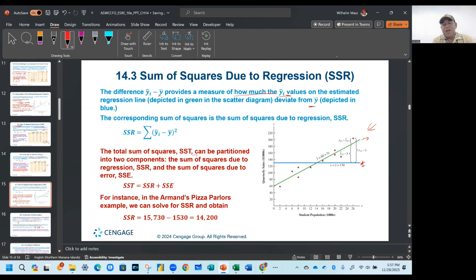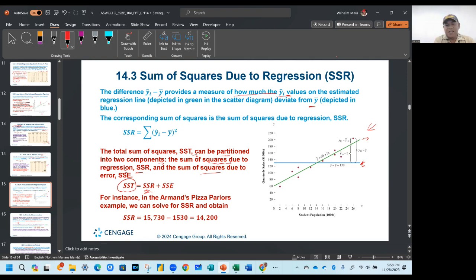So the total sum of squares can be partitioned into two components. The sum of squares due to the regression. In the previous chapter, we said sum of squares due to treatment. Now we're saying sum of squares due to the regression. So it's SSR. And then the sum of squares due to error. That's the same one we defined before. So your total variance could be split into the variance that is due to regression and the variance that is due to error.